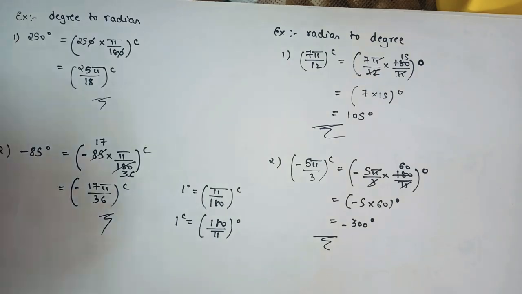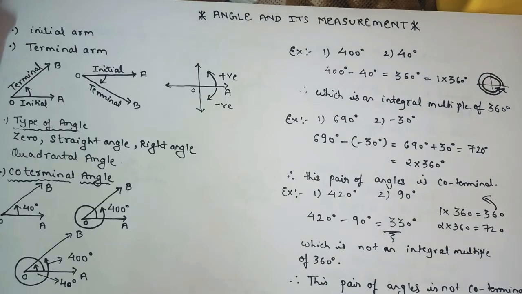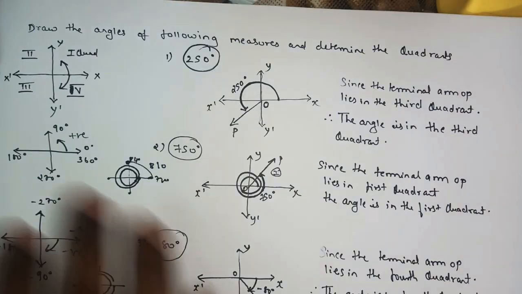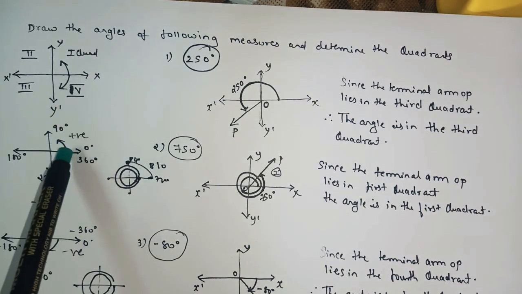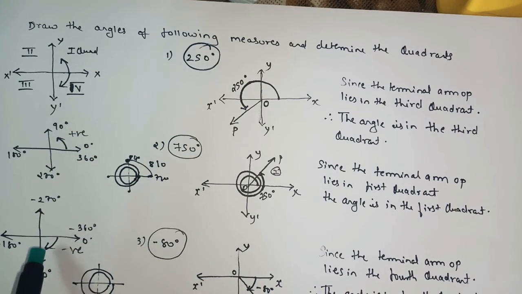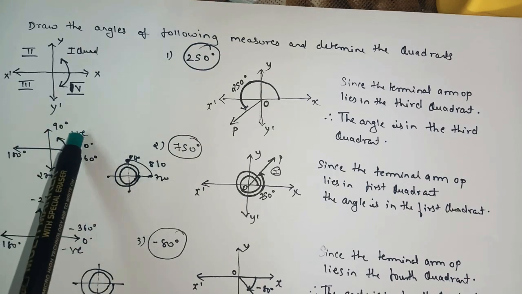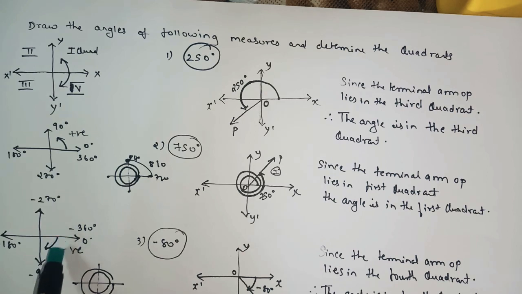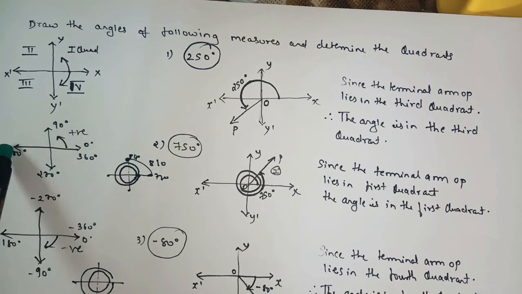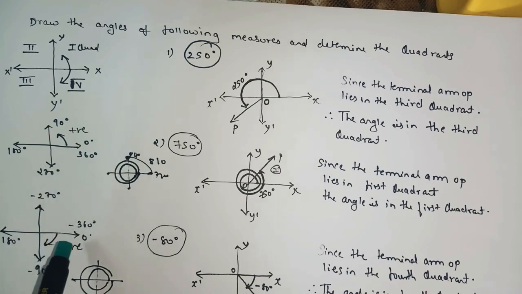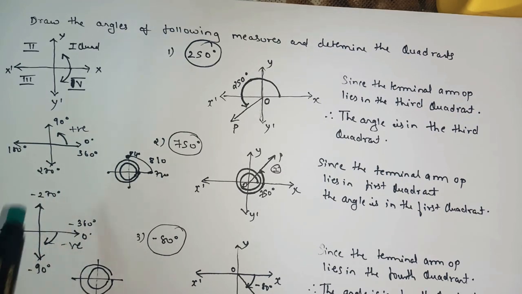And finally we saw how to draw the angles for the following measures and determine the quadrant. Remember the anti-clockwise and clockwise directions. In anti-clockwise direction the angle will be positive, and in clockwise direction the angle will be negative. The positions are 0, 90, 180, 270, 360, and here 0, minus 90, minus 180, minus 270, minus 360.